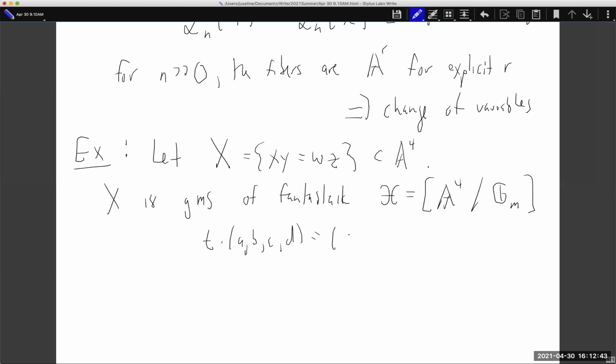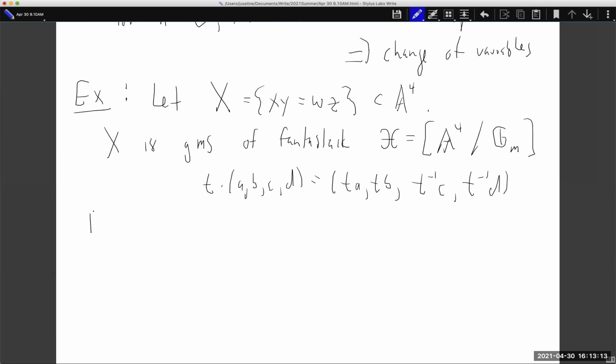In the first two coordinates, I act with weight 1, so by t, and then I act by the inverse of t on the other two. So you can work out that if I take this action of G_m on A^4 and consider the stack quotient, its good moduli space is this variety, the cone over the smooth quadric. So it has this interesting singular point at the cone point.